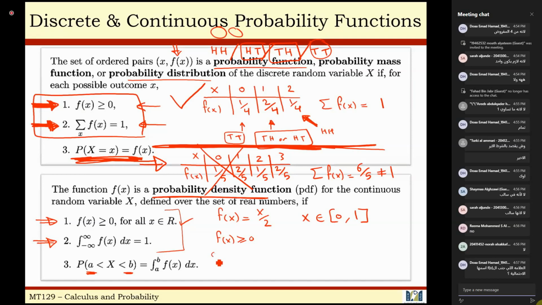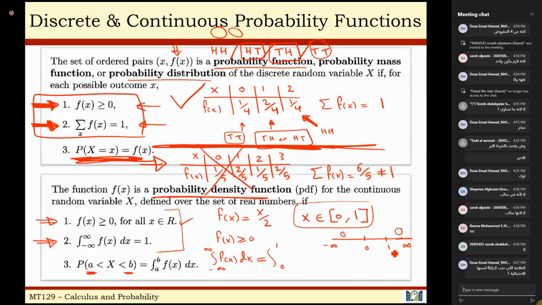The second condition from minus infinity to infinity of f of x dx, we have interval, only this interval, so this is equal what? From 0 to 1, because from minus infinity to 0 I don't have the function, so this is 0. From 1 to infinity I don't have the function, so this is 0.